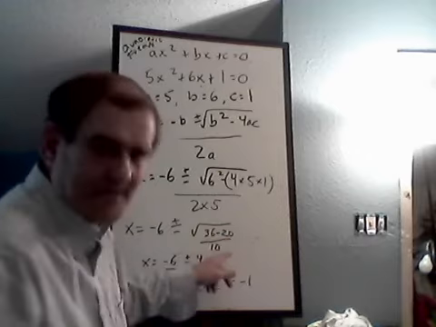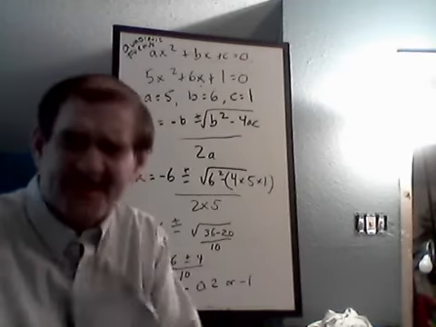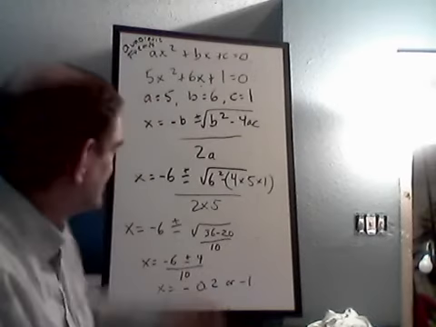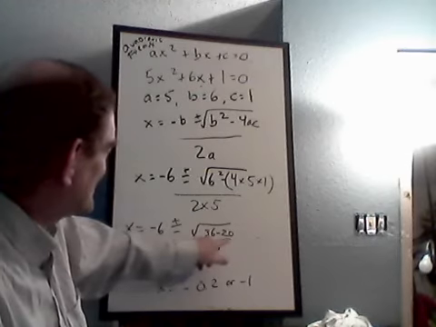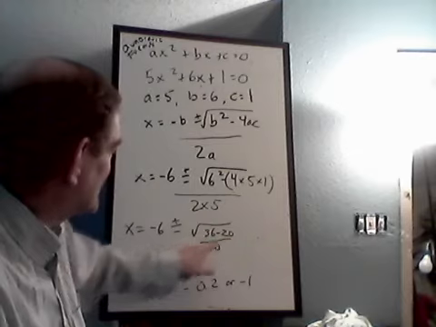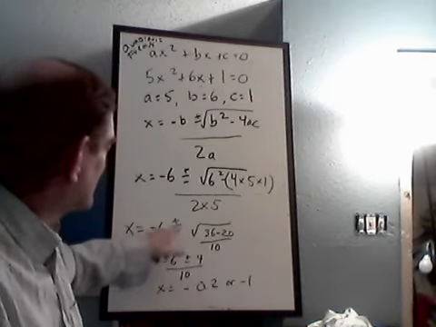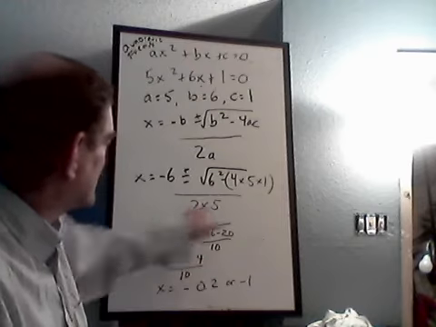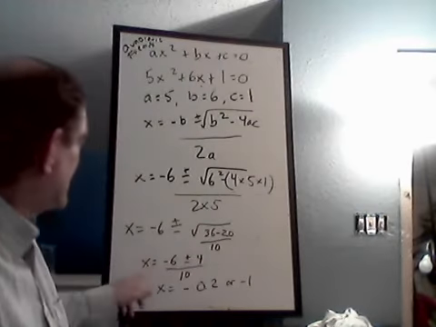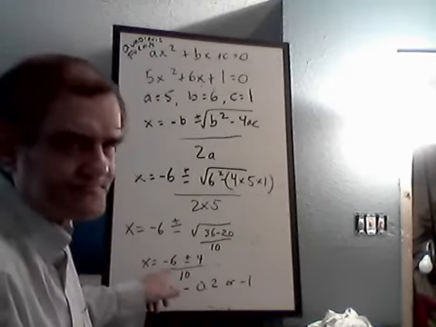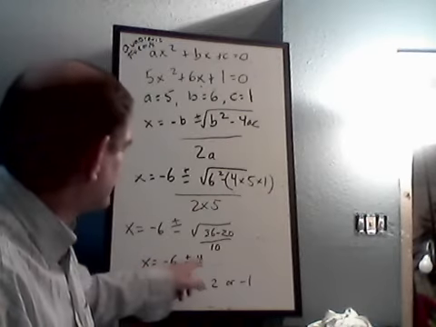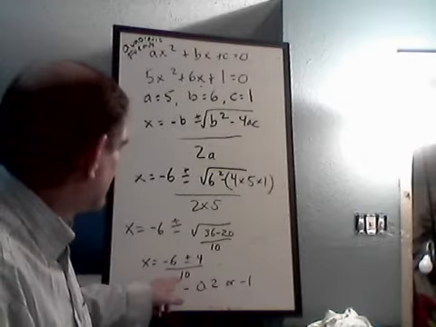Okay? Yeah, you're getting it. I can tell. You're smiling. Aren't you smiling? Anyway, 36 minus 20, negative 6 plus or minus the square root of 36 minus 20 over 10. 2 times 5 is 10, there's 10. x equals negative 6 plus or minus 4 over 10.